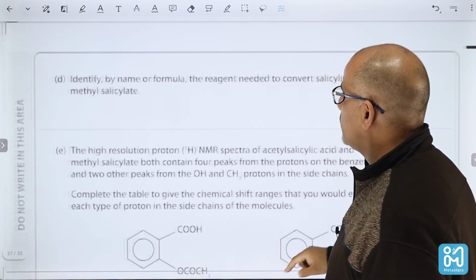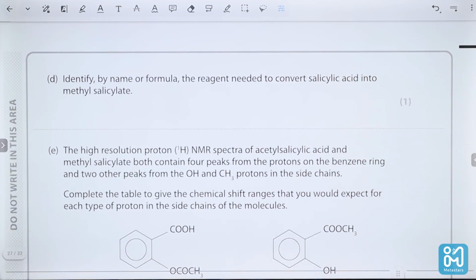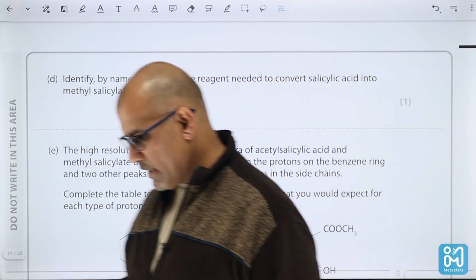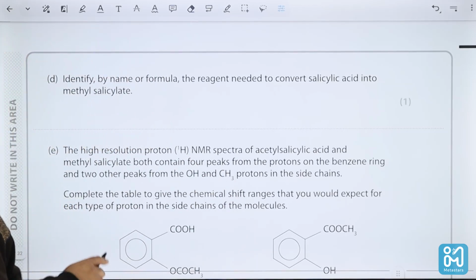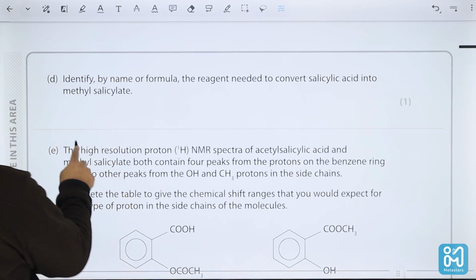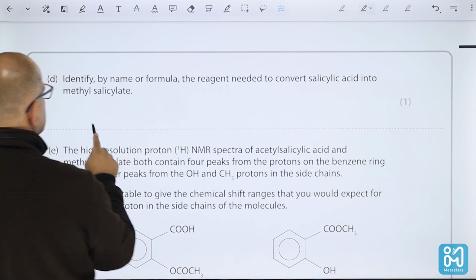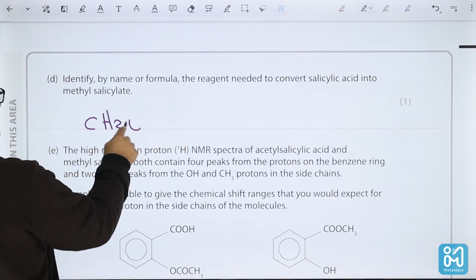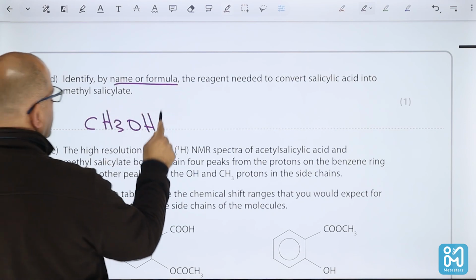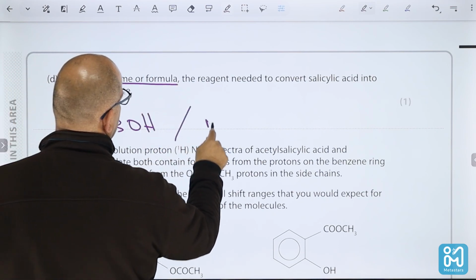Now, for the next part, identify by name or formula the reagent needed to convert the salicylic acid into methyl salicylate. You can write methanol, because it is a kind of esterification here, by the name or the formula.